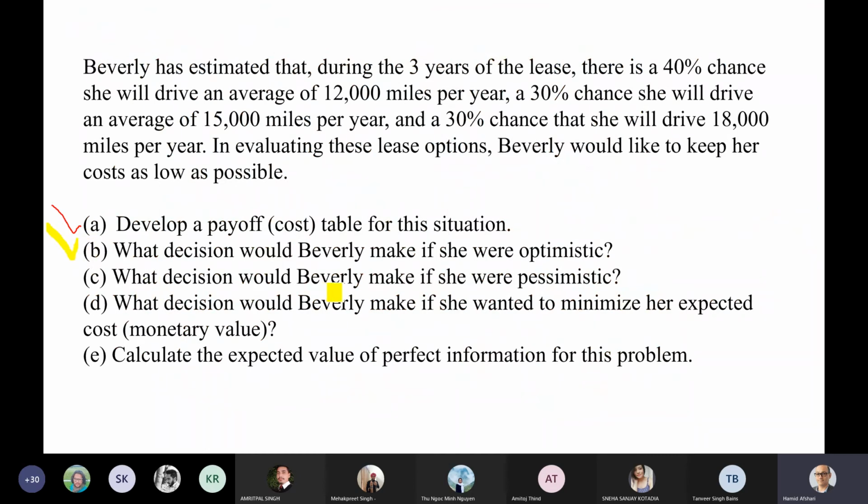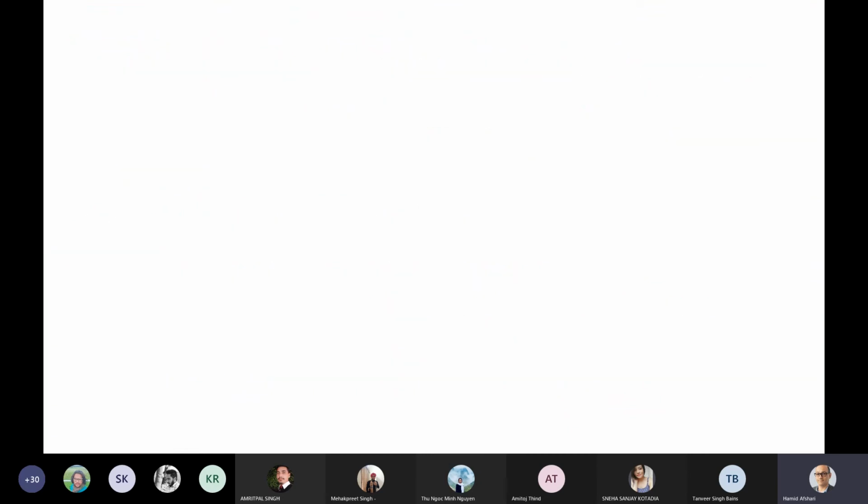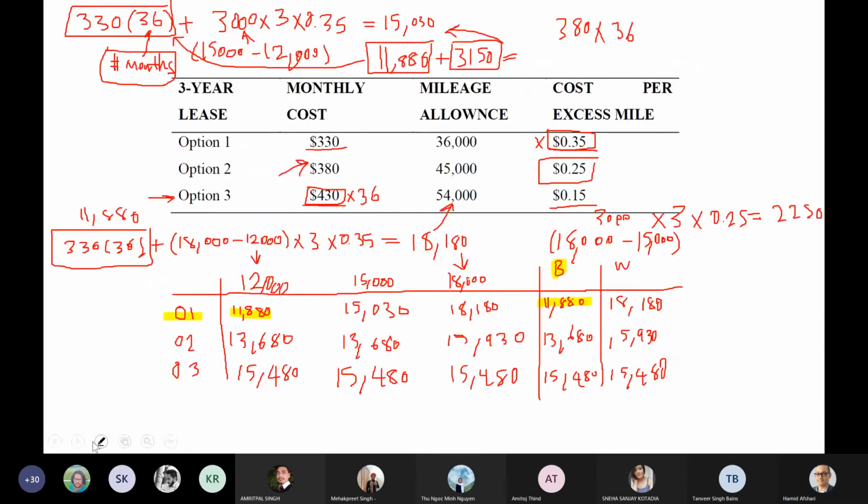Next question: what decision would Beverly make if she were pessimistic? If she is pessimistic, we will look at the worst case and then choose the minimum cost in the worst case. So if you look at the worst case, which one is the minimum?